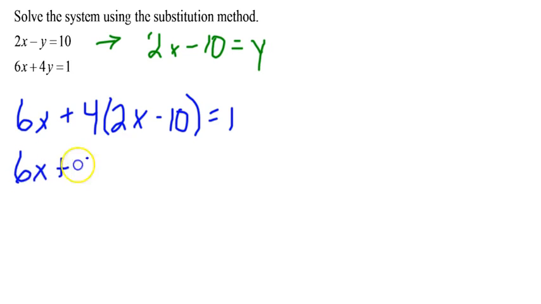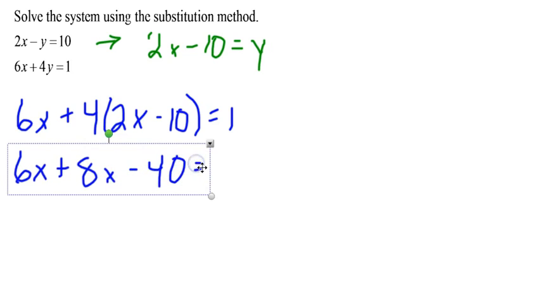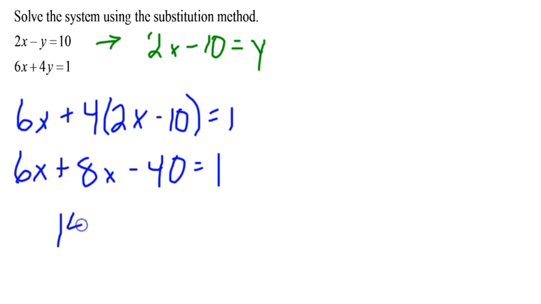6x plus 8x minus 40 equals 1. Combine like terms: 14x equal to, add 40 to the other side, 41. If we divide by 14, we get x is equal to 41 over 14. Now we need to find the y variable.